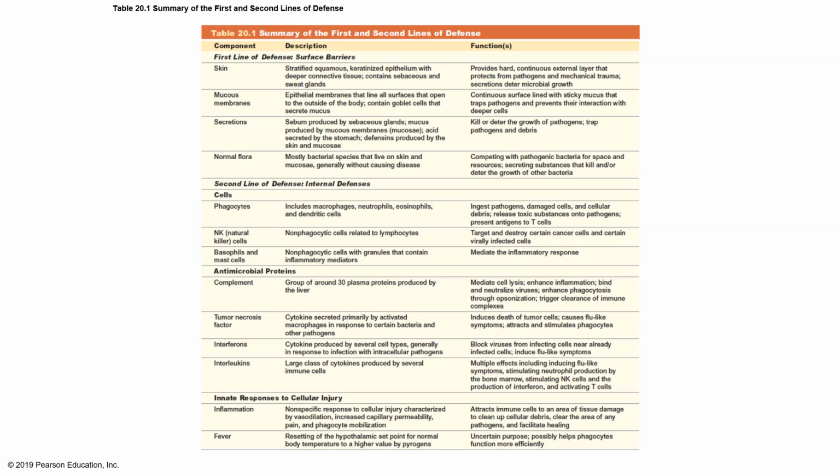Okay, so the types of immunity are classified according to the way they respond to different pathogens or forms of cellular injury. Your innate or non-specific immunity responds to all pathogens or classes of pathogens in the same way.